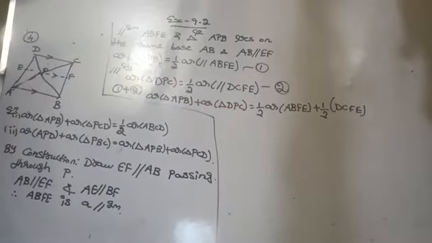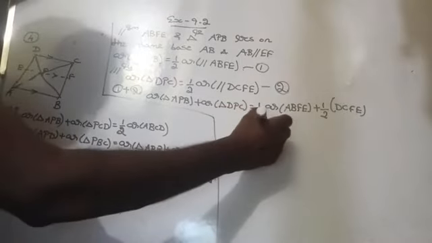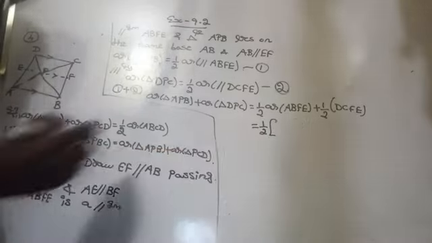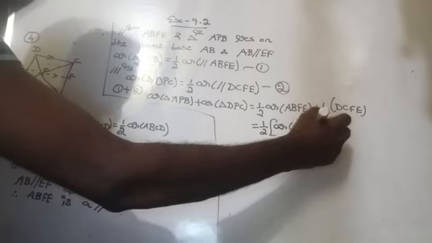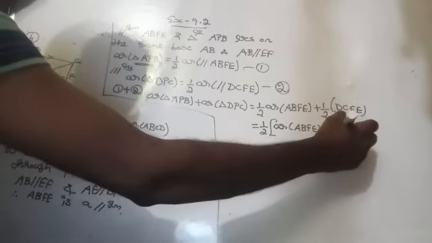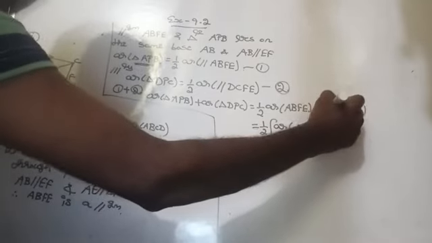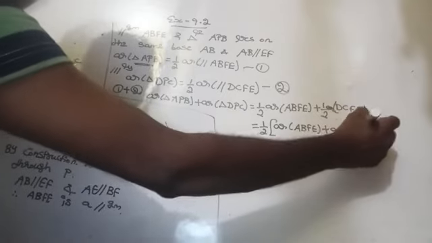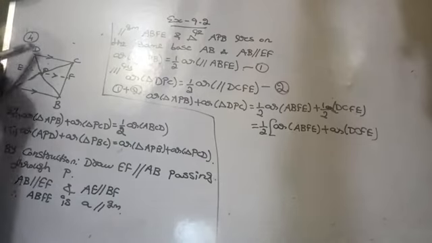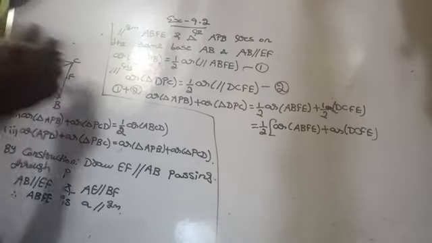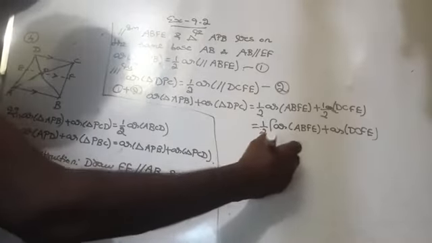Taking half common outside, area of ABFE plus area of DCFE, ABFE plus DCFE gives the whole area of ABCD.